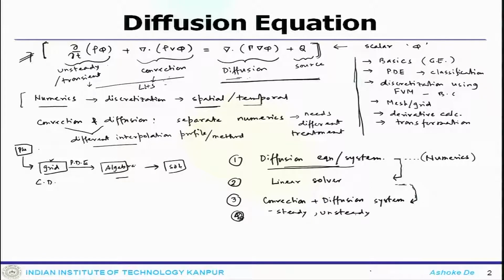So, that means by the time we reach step 3, for any scalar transport equation we should have a fair amount of idea how to discretize the convection diffusion system, whether it is steady or unsteady, and then put it in a linear solver and get a solution. Once that is done, then we will move to the fluid flow problem, where we will solve our Navier-Stokes system.